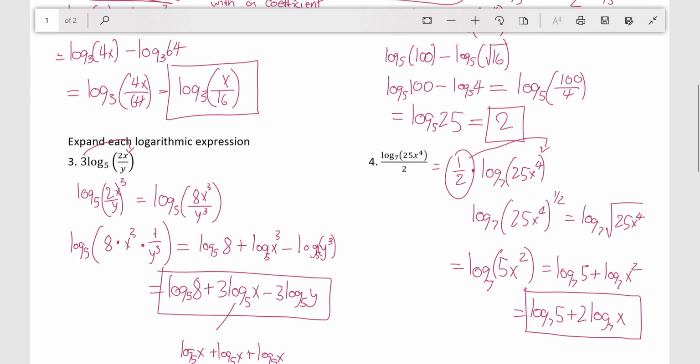One good thing to realize about these log properties: if I look at this part of the expression, I have log base 7 of 5x squared, so the whole thing isn't squared, only the x is squared. So I can't bring the 2 down in this scenario and make this 2 log base 7 of 5x.